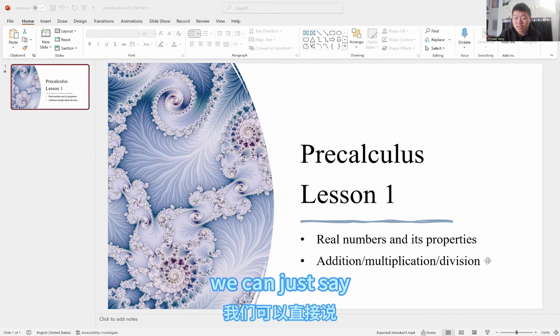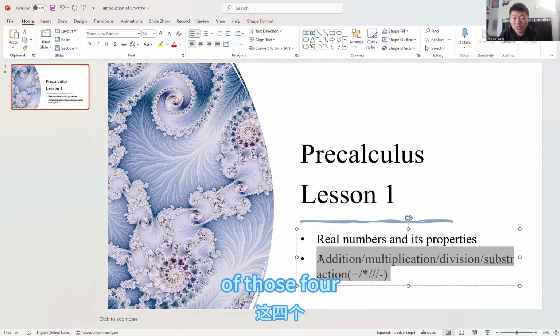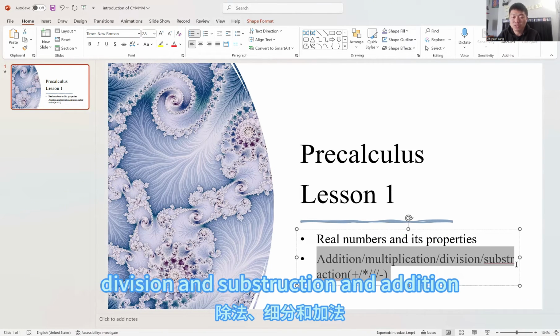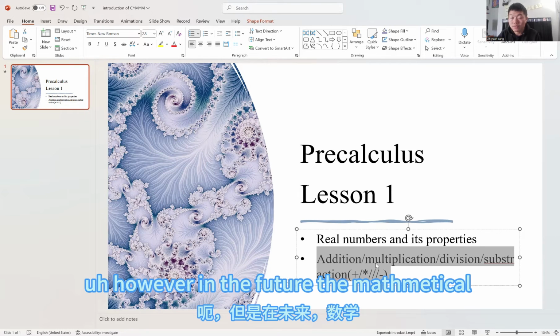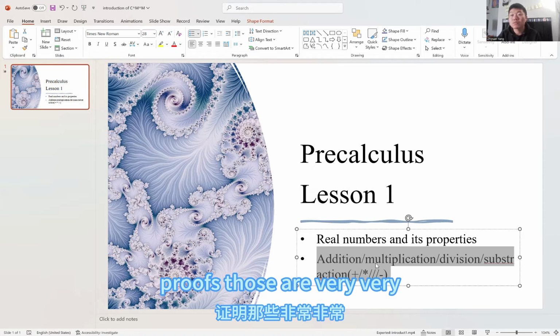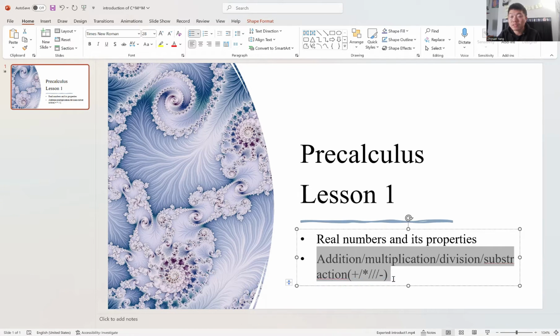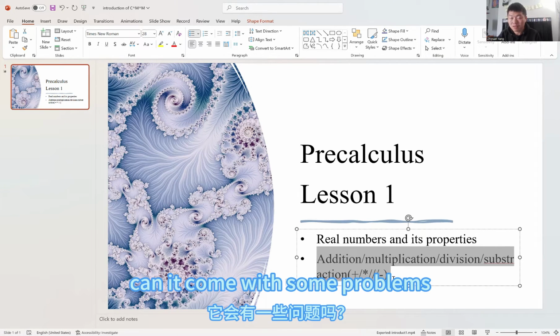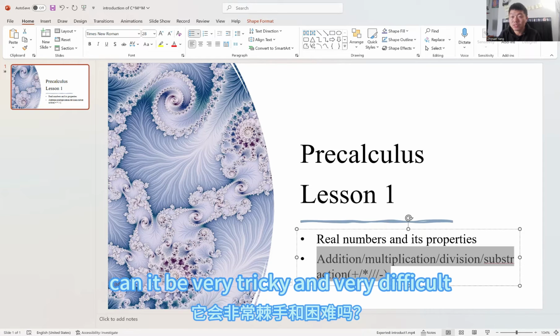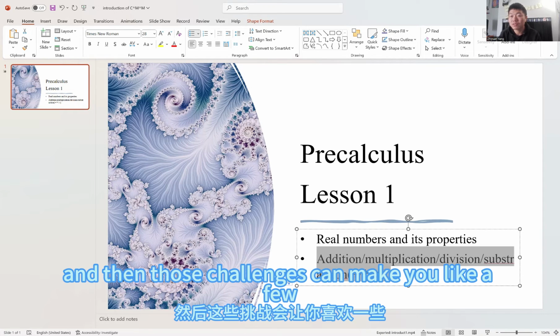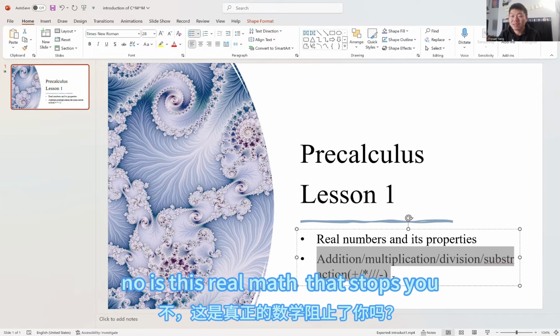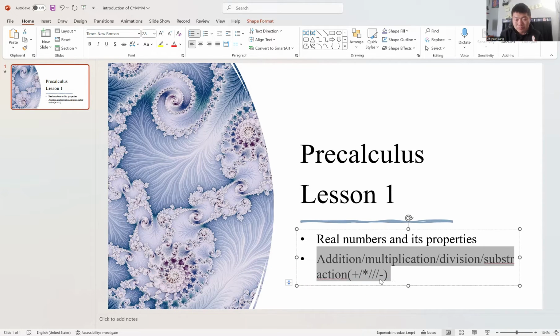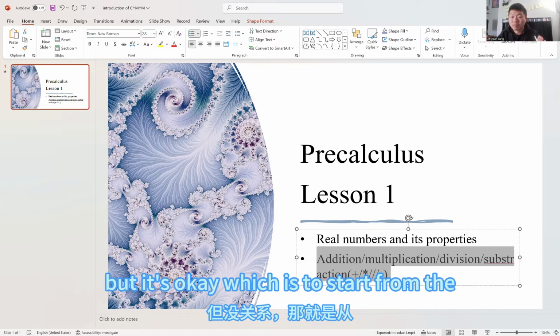We can just say those four: multiplication, division, subtraction, and addition. However, in the future, mathematical proofs can sometimes be very tricky and very difficult, and those challenges can make you feel like this is real math that stops you. But it's okay. We just start from the beginning.